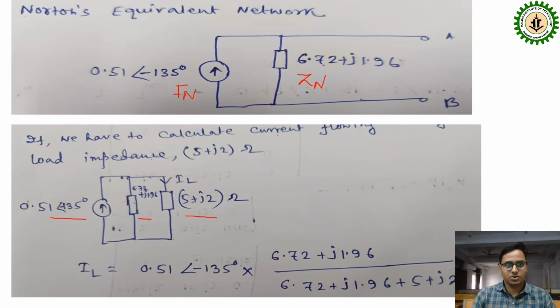Load current is equal to the total current coming at that node, times the parallel branch impedance or opposite side impedance, divided by the total impedance of this loop, that means 5 plus J2 plus 6.72 plus. Then you solve this.